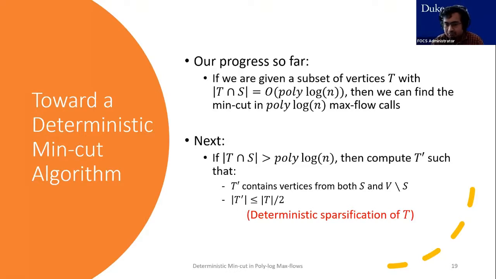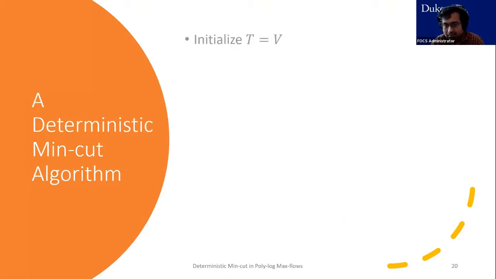So we show that if your overlap on the smaller side is larger than polylog n, then in fact you can come up with a set that's half in size that still overlaps both of the sides. So you can keep doing this until you find an isolator. And of course, you don't know when you find an isolator, so you just run your isolator lemma on all of these candidates.